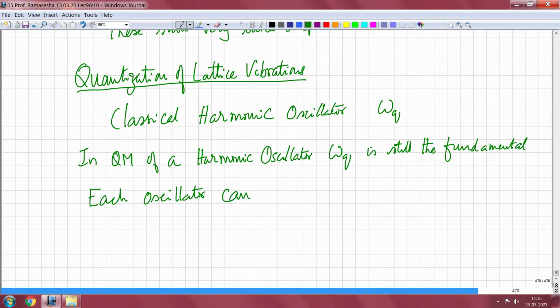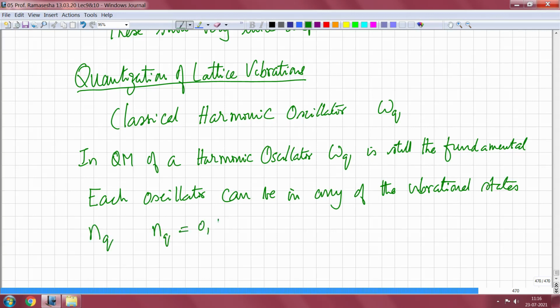So in this case, each oscillator can be in any of the vibrational states. NQ can be equal to 0, 1, 2, etc. And the energy E NQ is equal to n plus half h cross omega q.